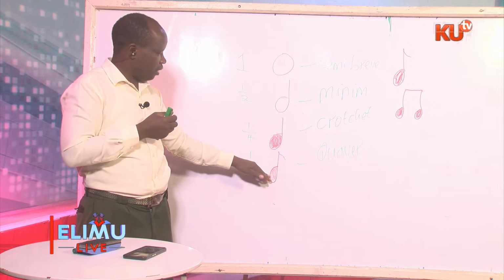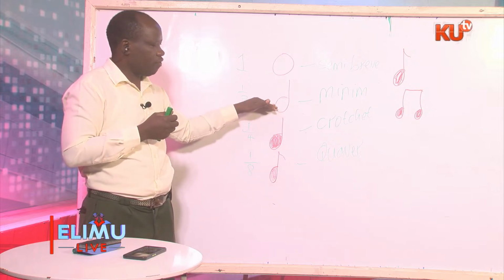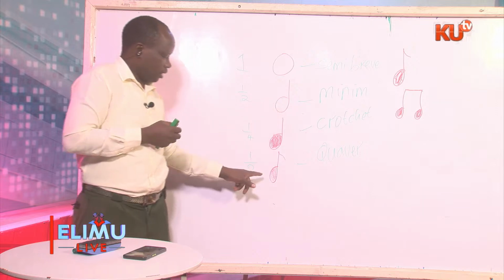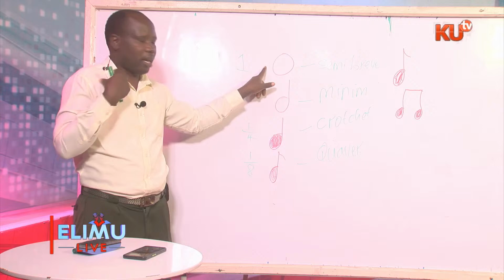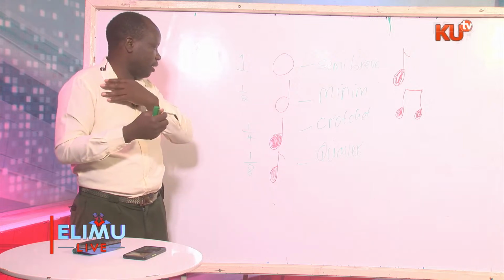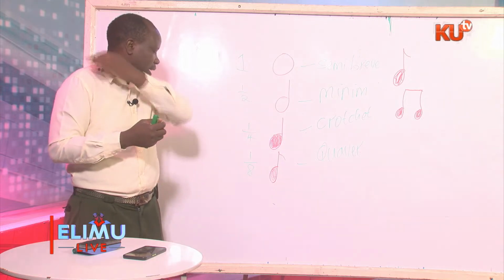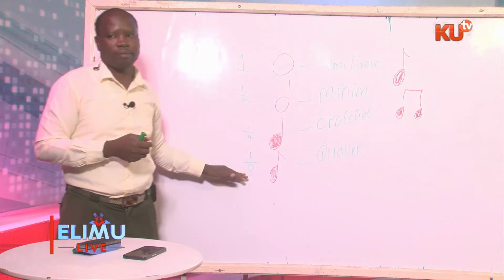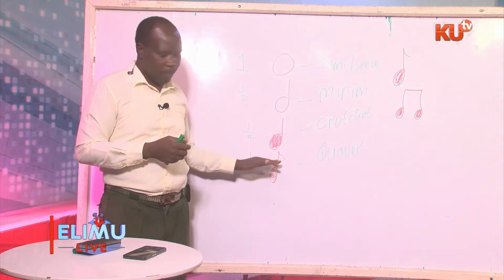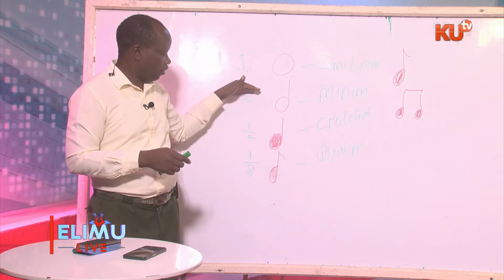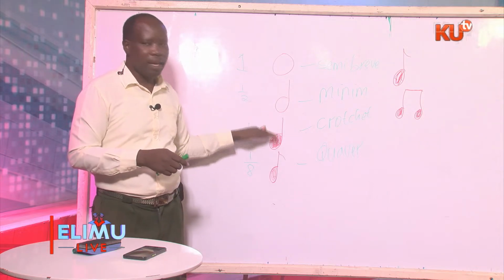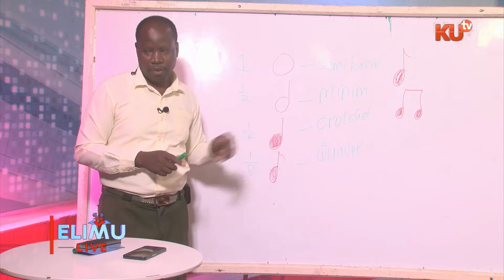This quaver is a quarter the value of the minim, and it goes into the semi-breve 8 times, and that is why it is called an 8th note. So that is the value: whole note, half note, quarter note, and an 8th note.